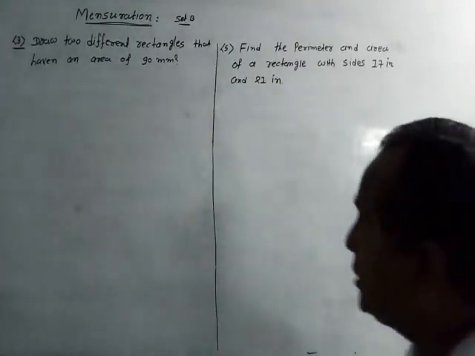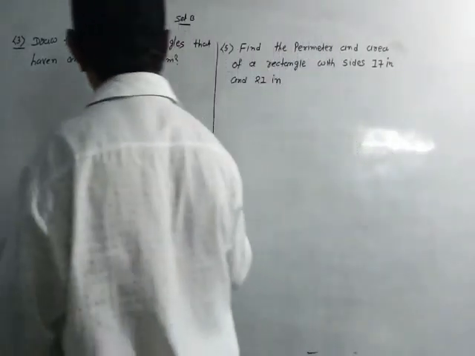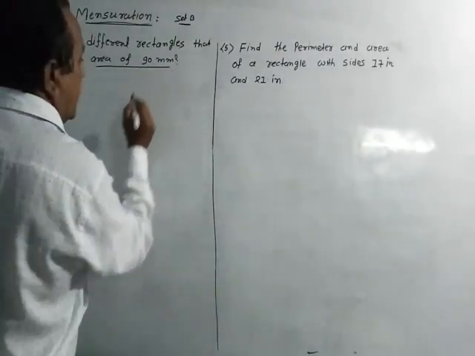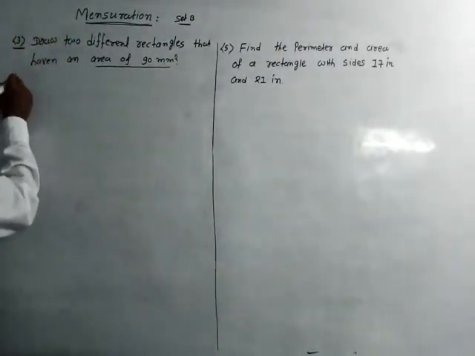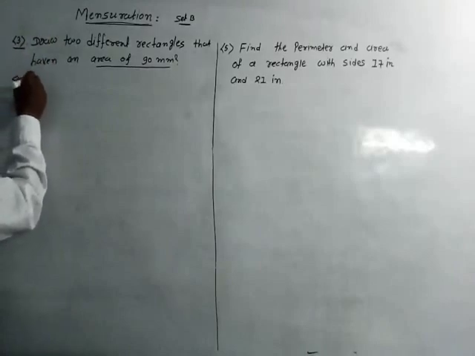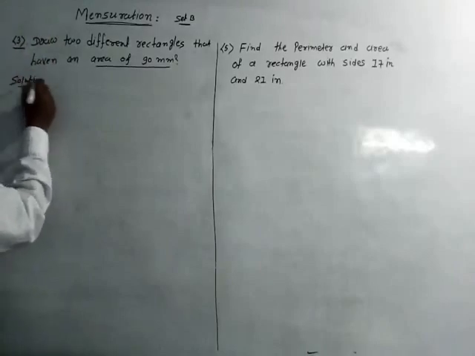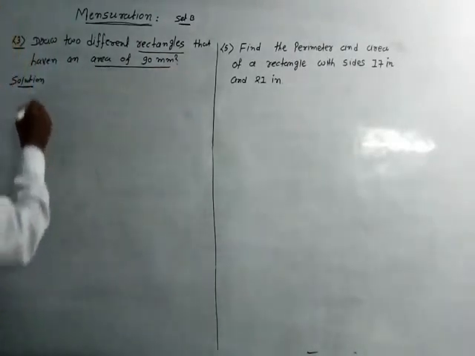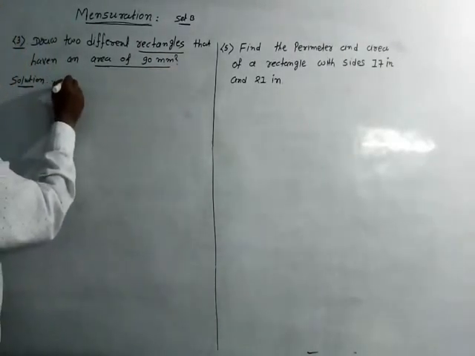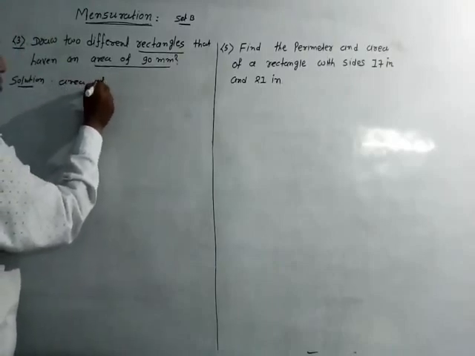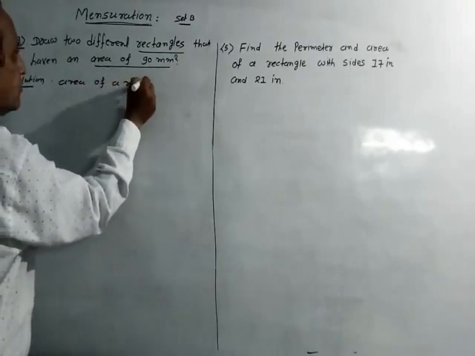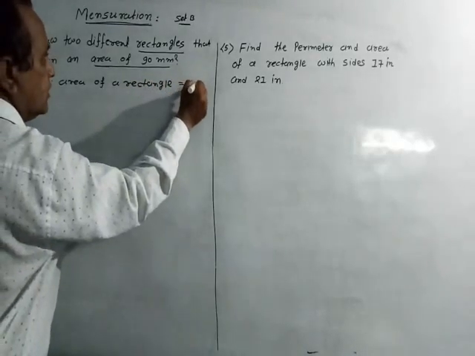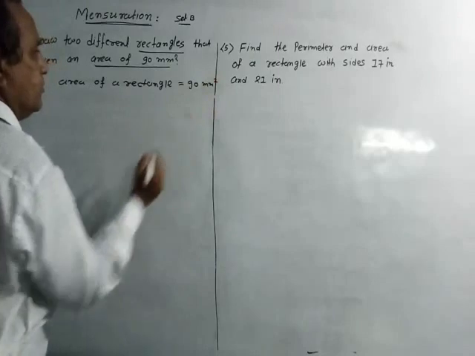Example number 3. Draw the different rectangles that have an area of 19 mm square. Here given rectangles and given area. So area of rectangle is equal to 19 mm square.